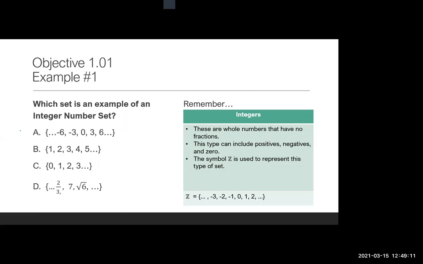They include positives, negatives, and zero. So which of our groups here, A, B, C, D, include whole numbers that have no fractions and positives, negatives, and zero? Exactly, A. So this is one way you can be asked to identify which number set.